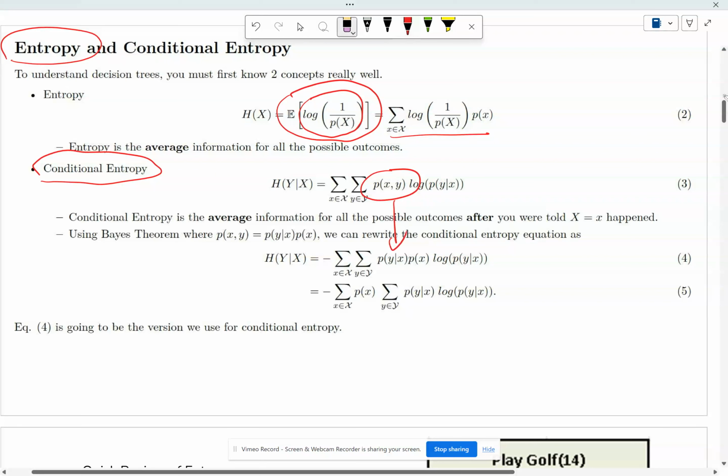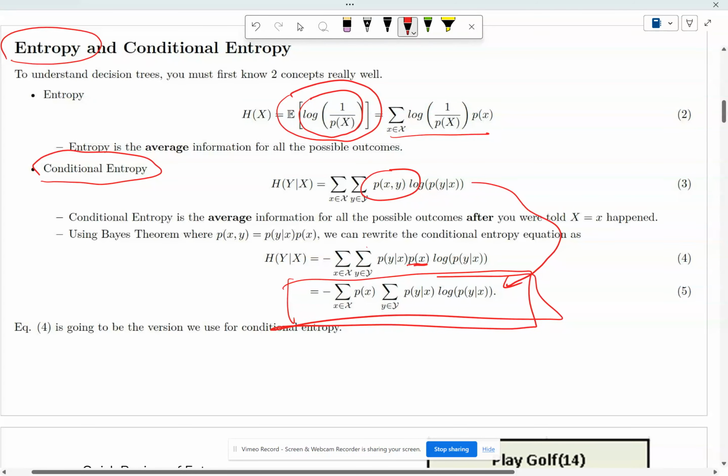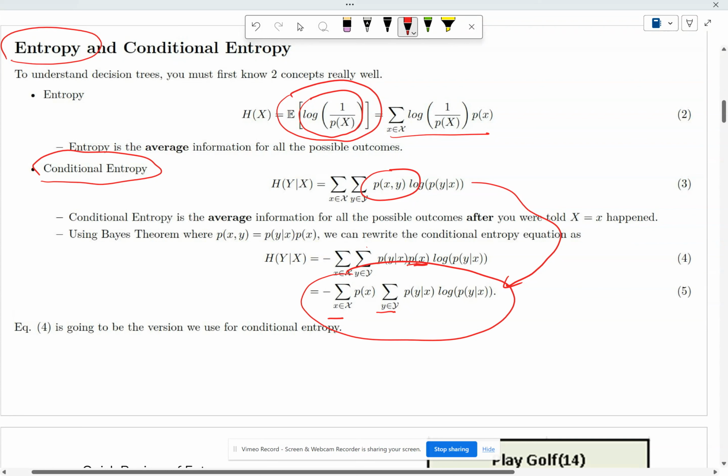Because over here we are summing over y, we can move p of x outside, essentially put it here. So this is equal to this. We're going to use this form as the general form with which we measure conditional entropy. Now, this looks like an intimidating problem, but it isn't.